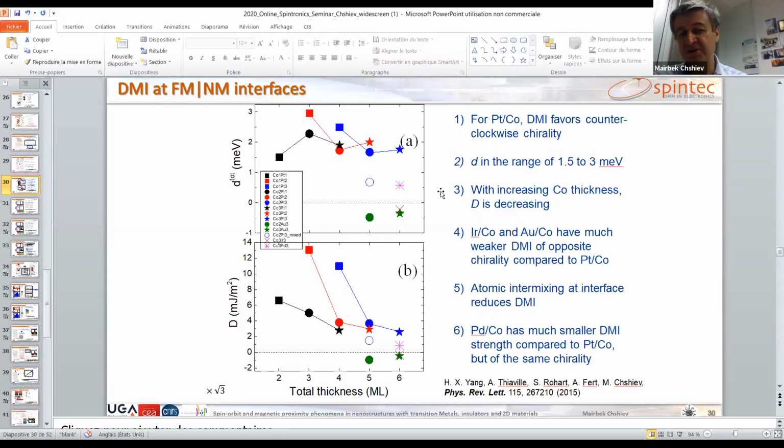In the case of gold, the 5D states are already completely filled, and at the Fermi level you no longer have much of those strong spin-orbit contributors. While in the case of platinum, it is ideally placed when you match it with cobalt, so the position of the Fermi level is such that it will give you a very nice DMI.